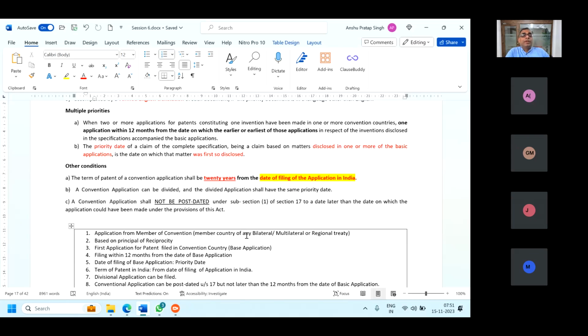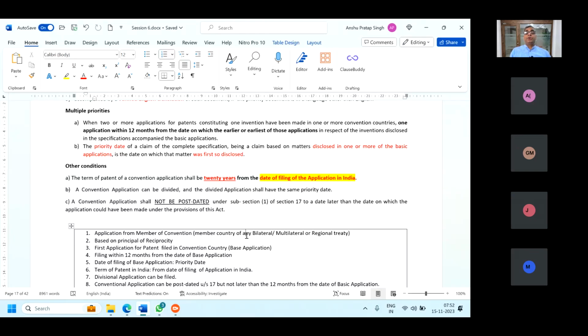So the convention application is helping you there. A convention application can be divided, and the same thing we have said: the moment it gets divided and becomes a divisional application of the convention application, the priority date will be the same as that of the convention application.